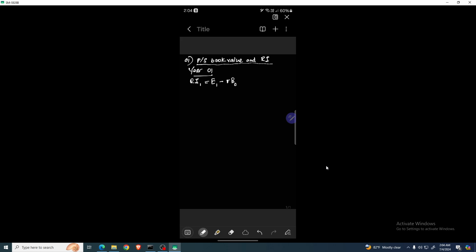So I'm using previously presented formulas here to conduct this, and this would equal to, since this is year one, I'm using the earnings per share of $2 minus cost of equity 0.1 into current share price, and that would be 1.40.